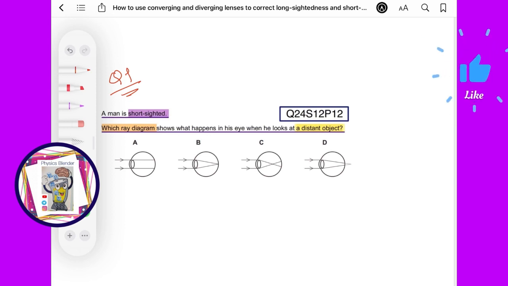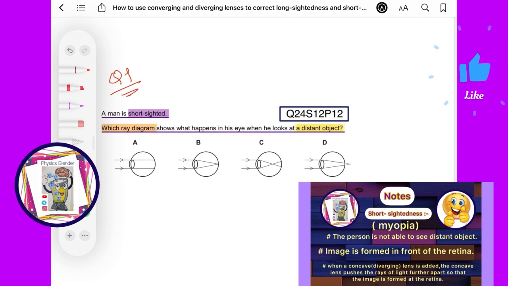The main difference between short-sightedness and long-sightedness: a short-sighted person will see far away objects blurred, not clear. Why? Because the refracted rays inside the eye will not intersect at the retina. They will intersect in front of the retina. So in this case, the answer is C.